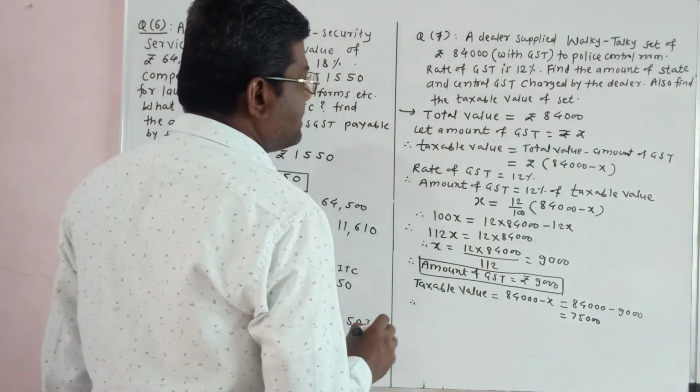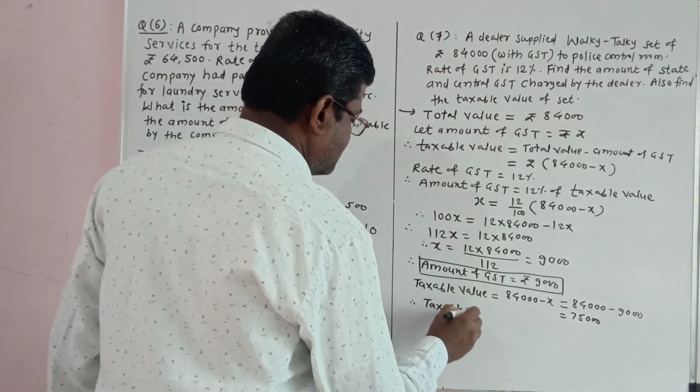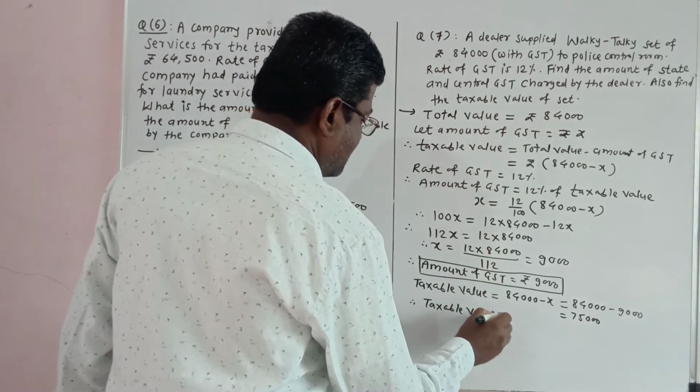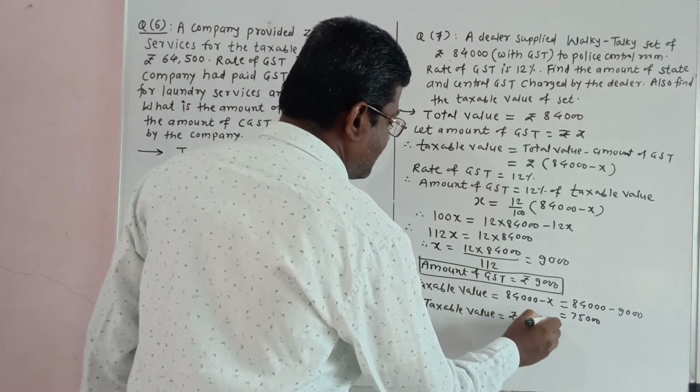Therefore we write taxable value is equal to rupees 75,000.